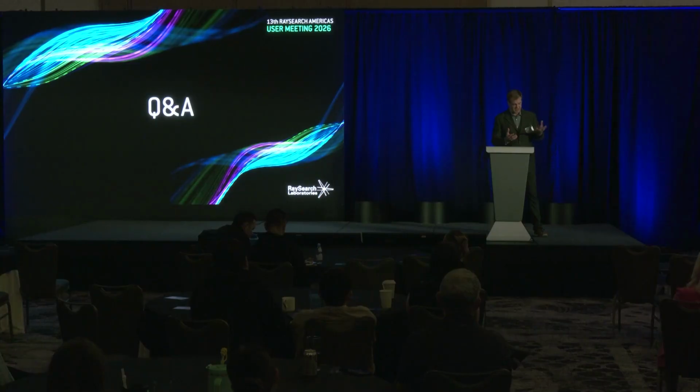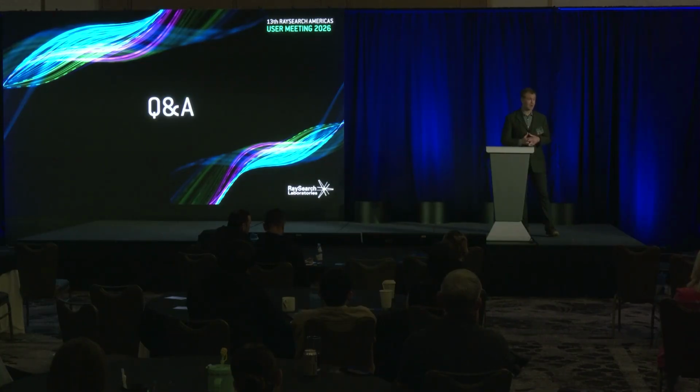For this and a few other things that we use it for, it takes the objective that you put in, let's say I want 60 gray to a target, and it says, okay, I'm going to make 60 gray divided by the number of beams. Every beam is going to contribute exactly the same amount, which is usually a terrible idea for a VMAT plan, right? You're giving up your ability to weight beams, but it's perfect for this.